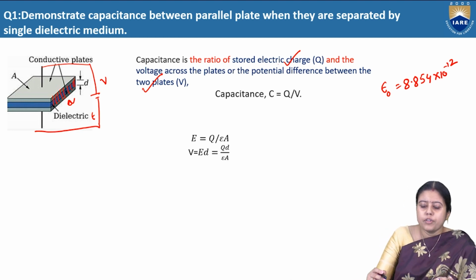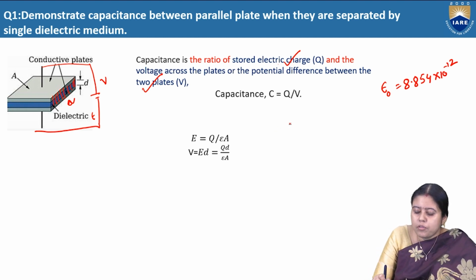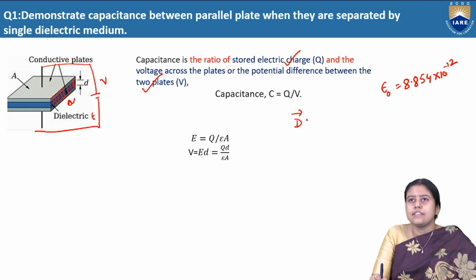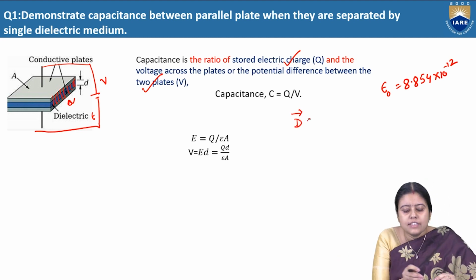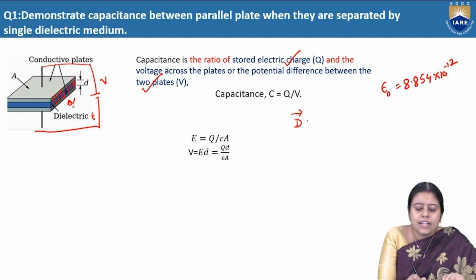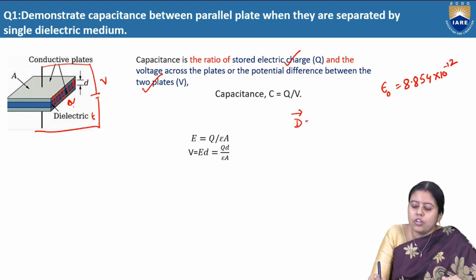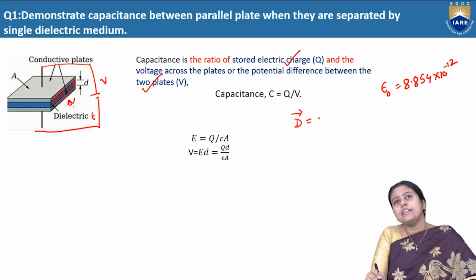So what is the potential? First, the question is how we are getting this. If the flux density is D, and there is a charge of amount Q inside a parallel plate capacitor, then what is D?